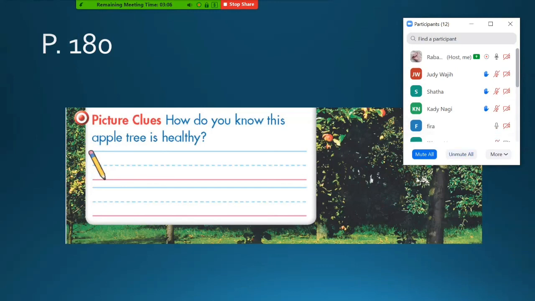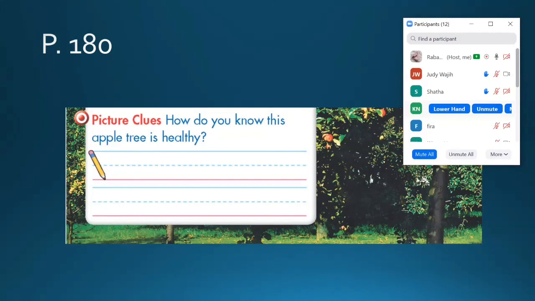Kadi? When you taste it. Okay, we can do like this. Bravo. Also, when you see the leaves, what do you think their color should be? Green. Their color should be green. Bravo.